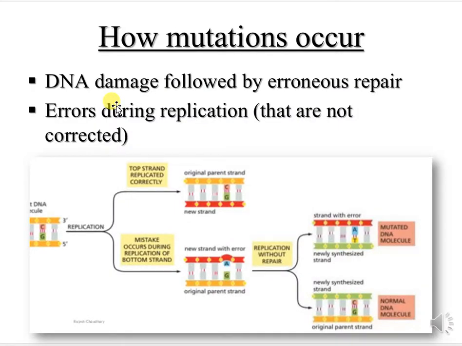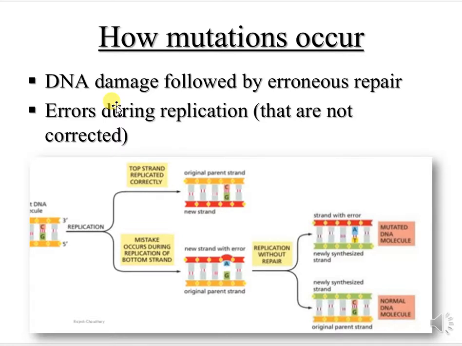So mutations can arise in a number of ways. Errors during DNA replication, repair, or recombination can lead to base substitutions, insertions, or deletions, as well as mutations that affect longer stretches of DNA rather than just one or a few base pairs.